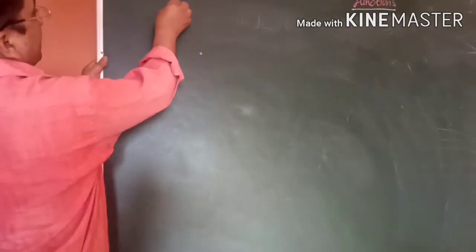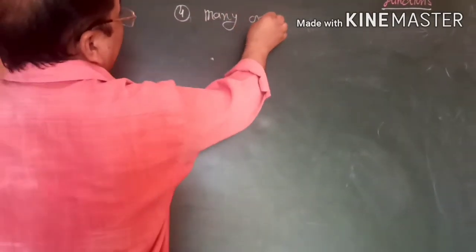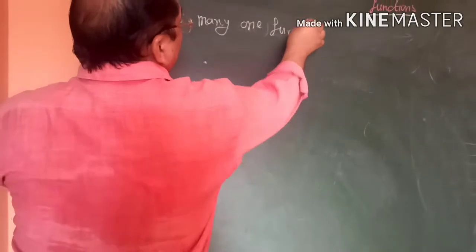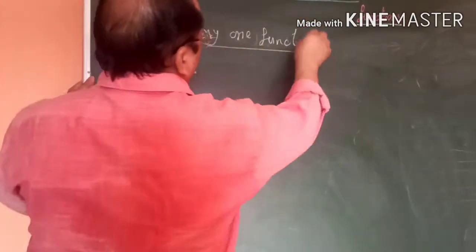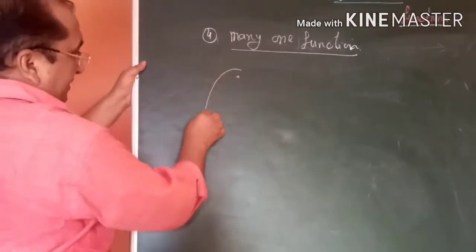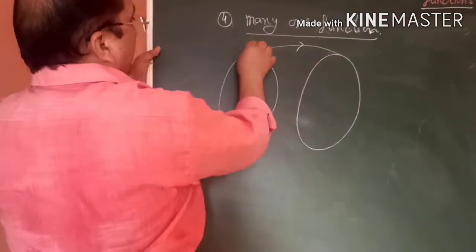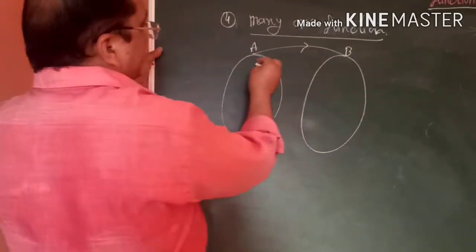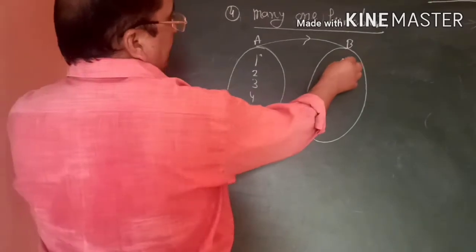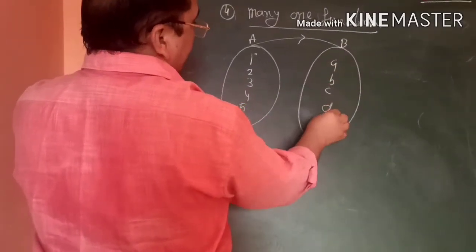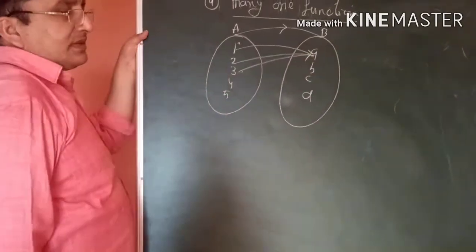Many-one function, the fourth. Suppose this is A and this is B, with 1, 2, 3, 4, 5 and A, B, C, D. So many elements are attached to a single element.